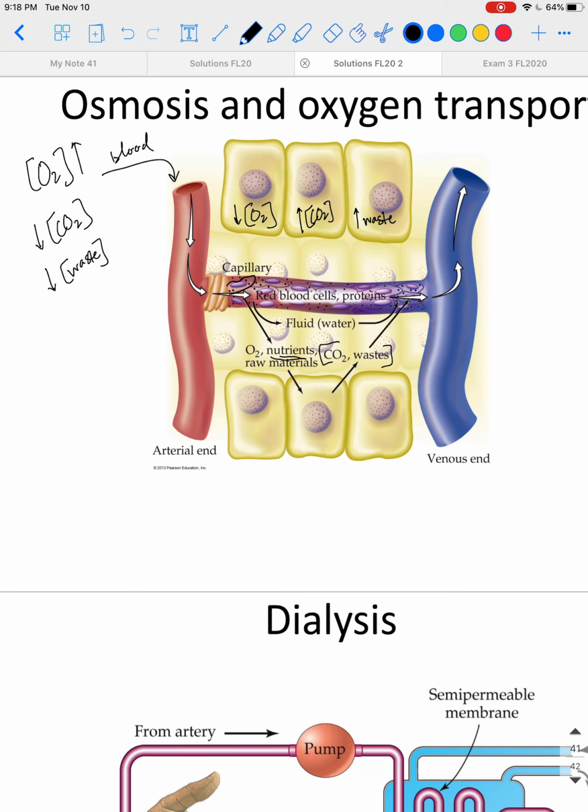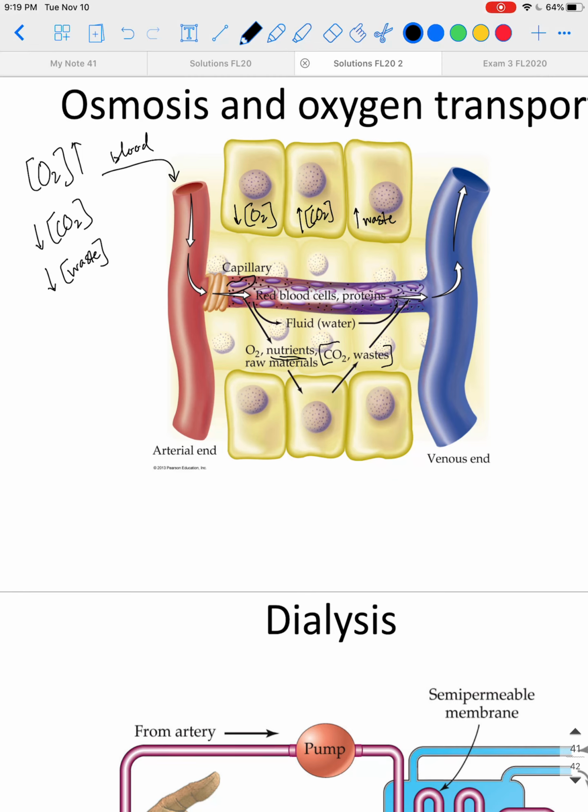It's all gradient based. And so if I ask you how osmosis is related to oxygen transport, not how osmosis works, we've talked about that, you would tell me the gradients, freshly oxygenated blood.